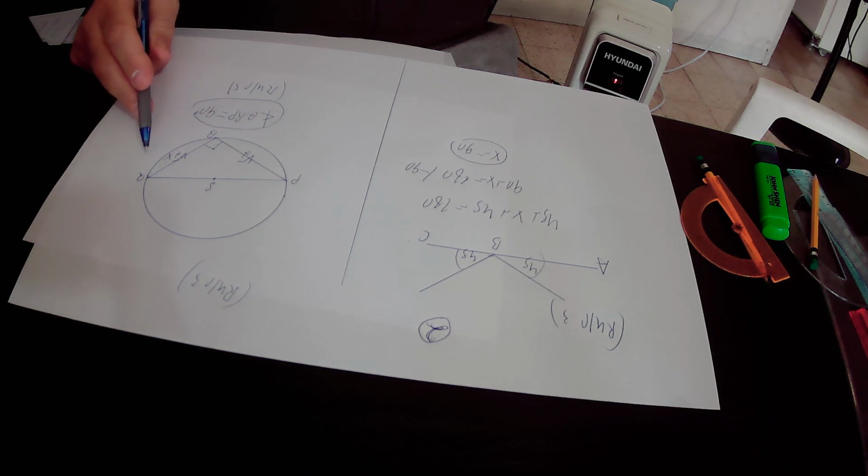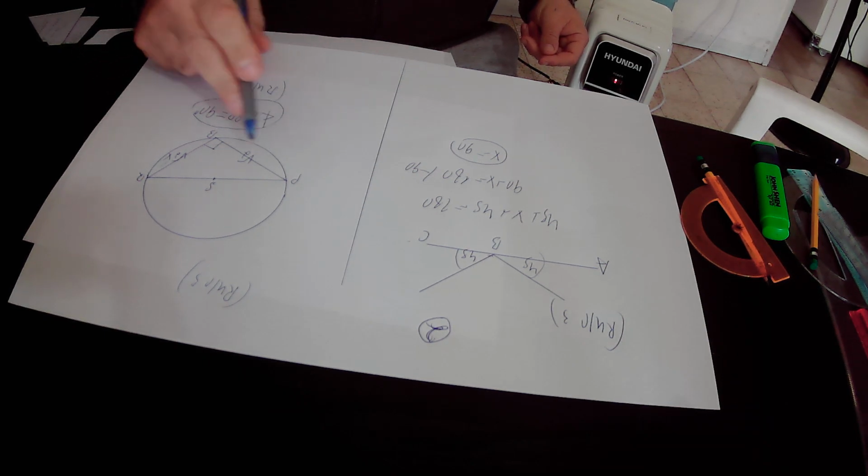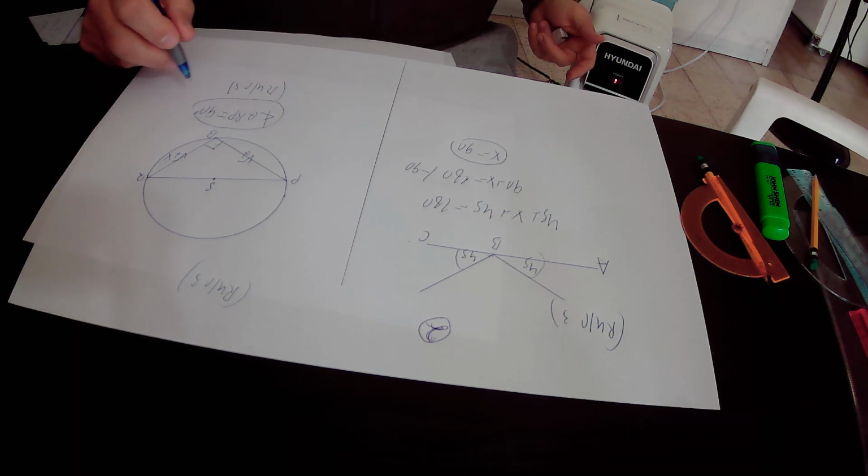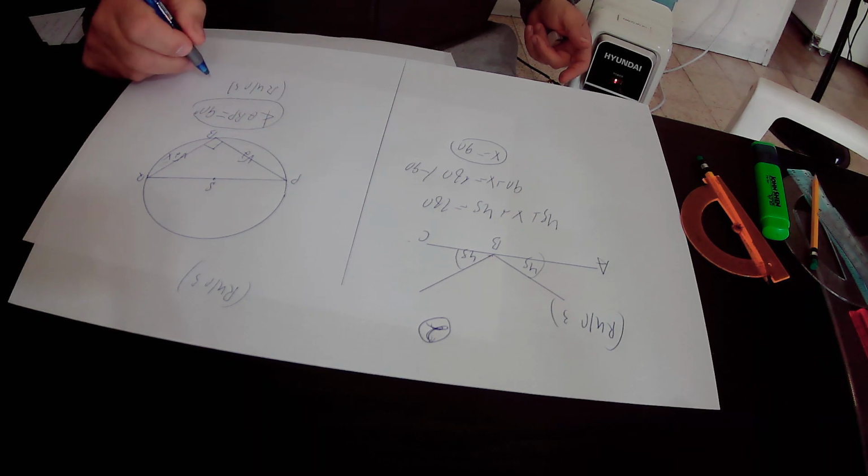Therefore, chord QP is the diameter of the circle.